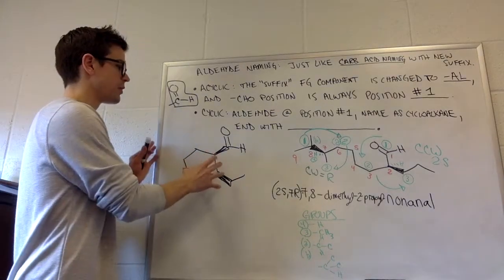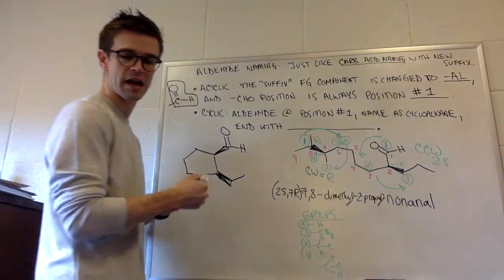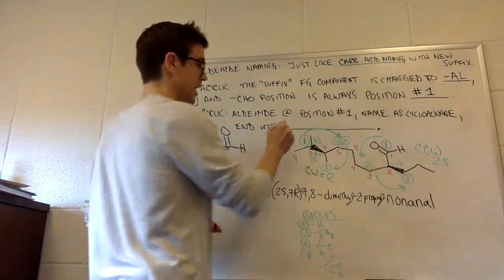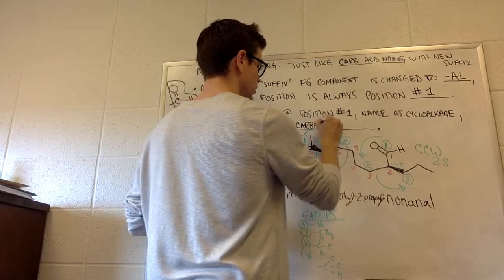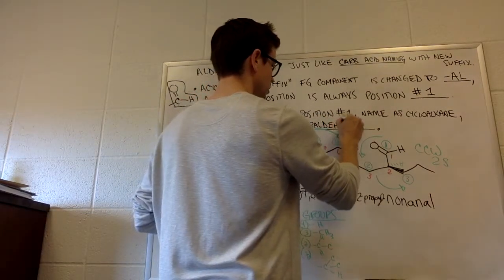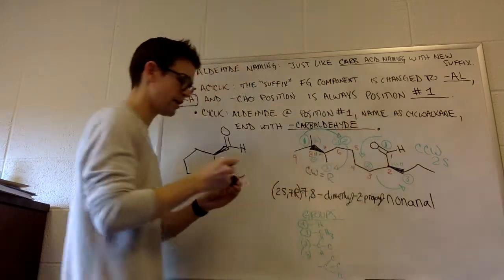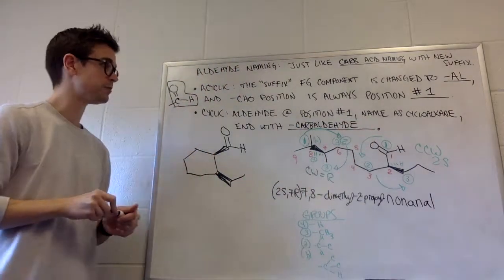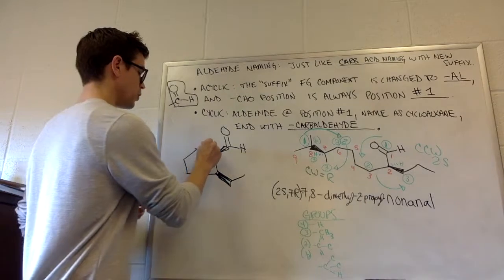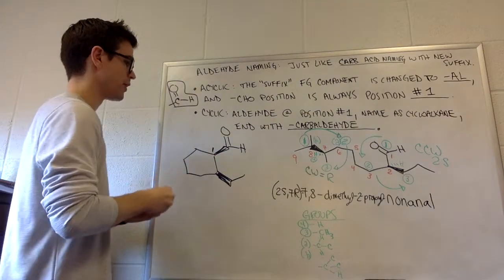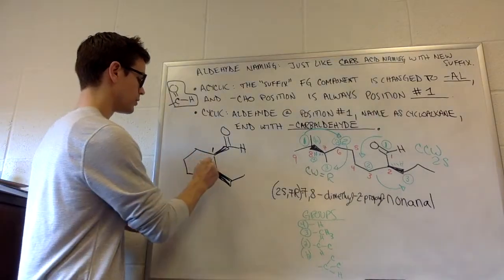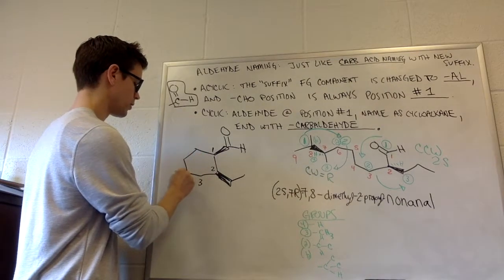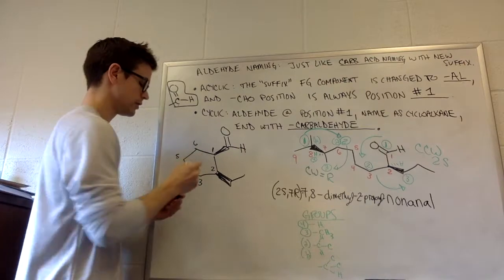We do the same thing with this, except we end with carbaldehyde. Carbaldehyde. That's how we end. So the aldehyde is position 1. Then we number around the ring to give the lowest numbers to the next substituent. So 1, 2, 3, 4, 5, 6.